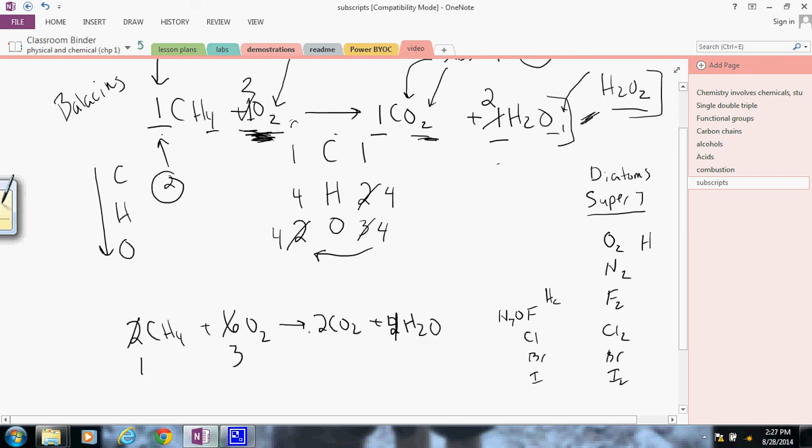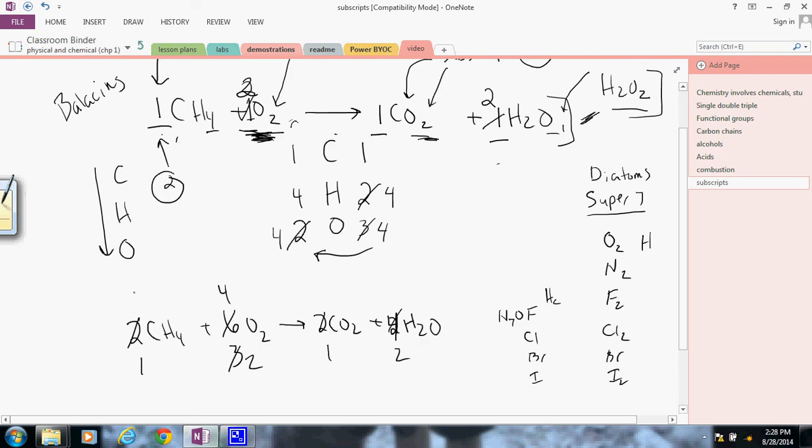Alright, so either way, that had to have been a 4 here, which gets dropped down to a 2, and which just gets dropped down to a 1, and this gets dropped back down to a 2. So either way, whenever you look at your coefficients, if possible that they can be reduced, then we reduce them. Only the coefficients. Okay?